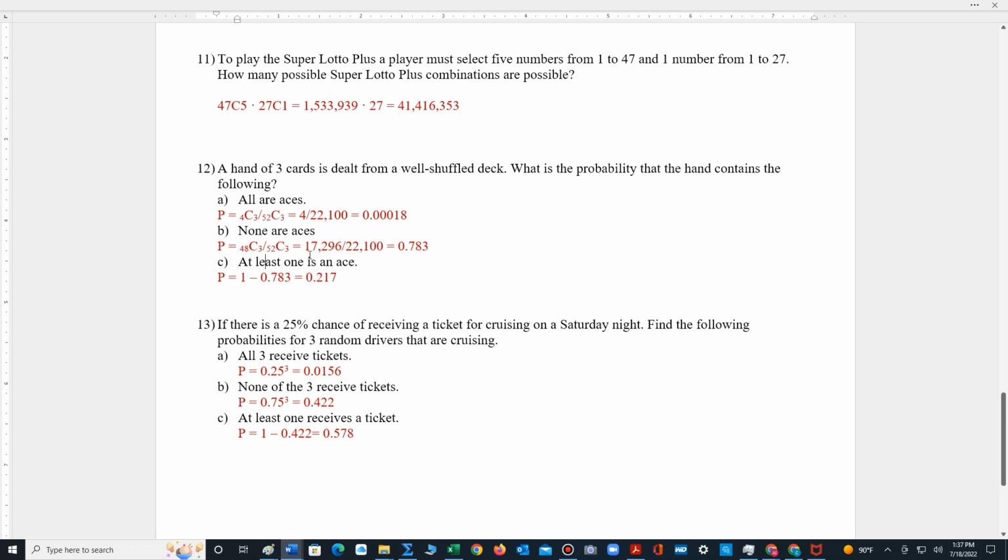So we perform our calculation, 17,296 divided by 22,100. That's going to produce 0.783. And then finally, at least 1 is an ace. Well, whenever we encounter the phrase at least 1, it's 1 minus none. And we already calculated that probability in part B, so it's 1 minus 0.783, which is 0.217.